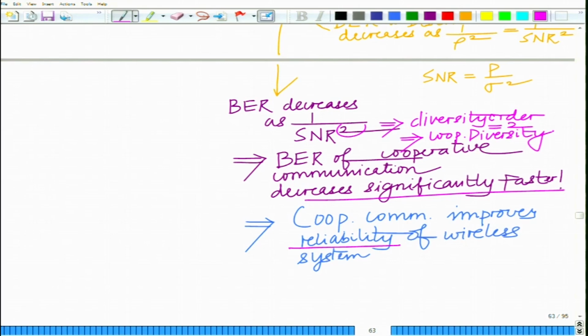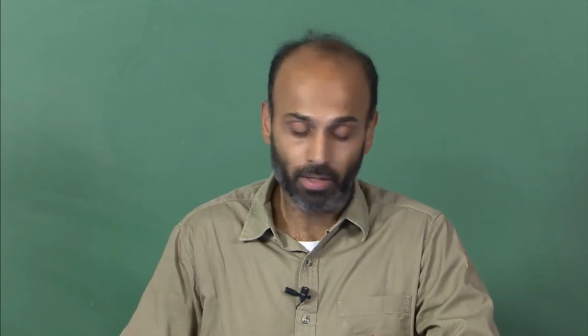So, cooperative diversity helps improve the reliability of a wireless communication system by making the bit error rate at the destination decrease significantly faster than it would have happened in the presence of only a source destination link, that is when the relay is absent. Okay, so, that is the important point to realize here.